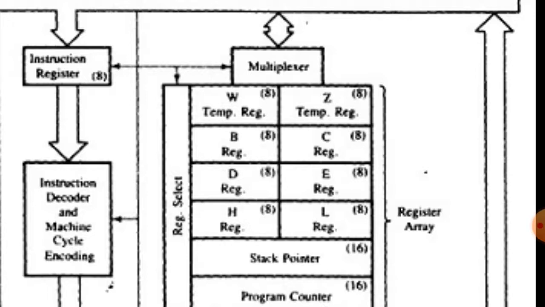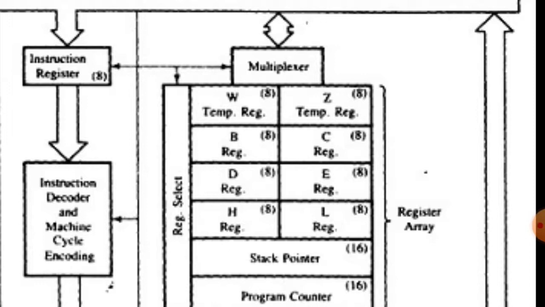They are B, C, D, E, H and L. Each register holds 8-bit data. Now these registers work in pairs, and their pairing combination is BC, DE and HL.